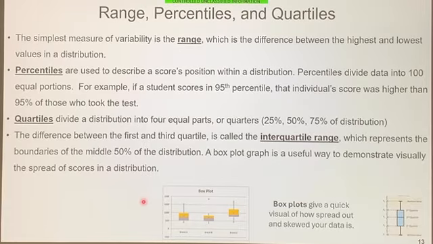And then we have interquartile, which lets us see the middle 50% value of a metric as shown here in these box plots. But then you also are able to see the full range of scoring for each of that. So you see where the middle 50% lies and the range value for a particular statistic measurement.